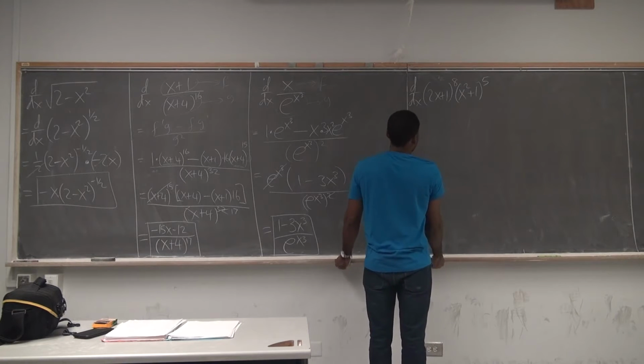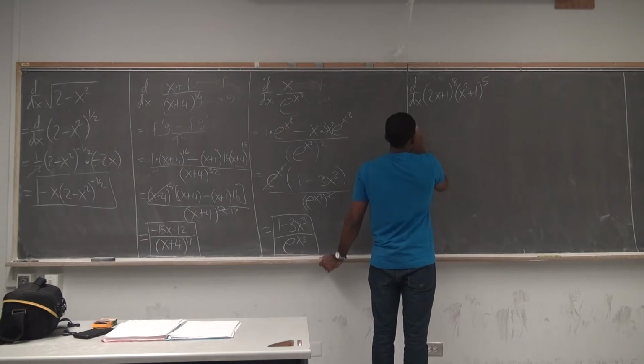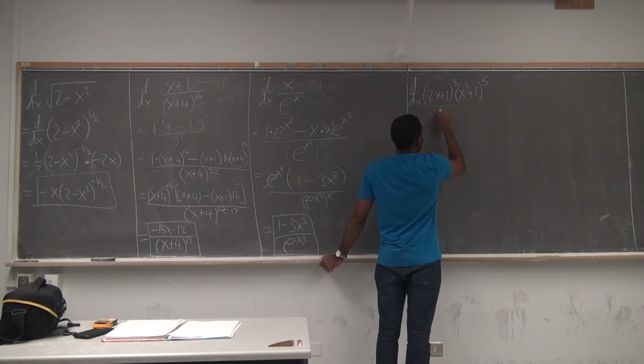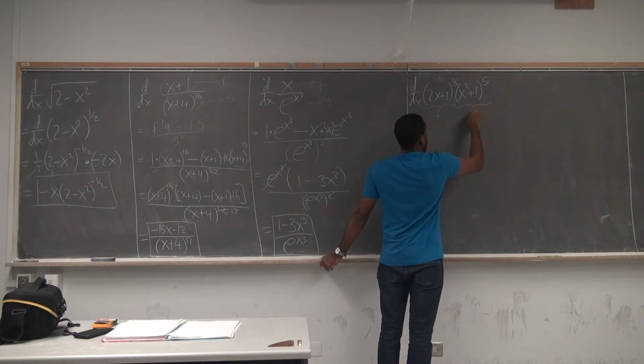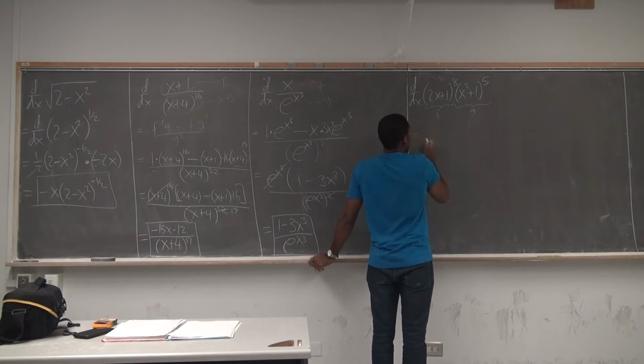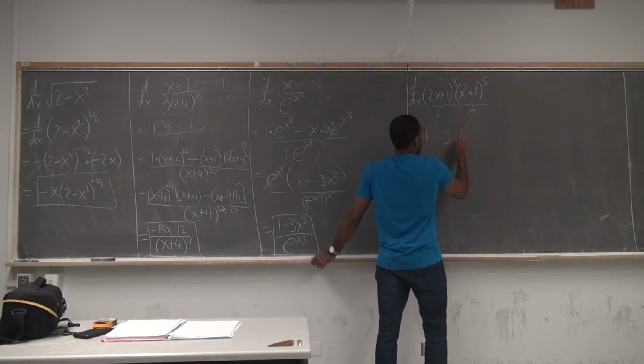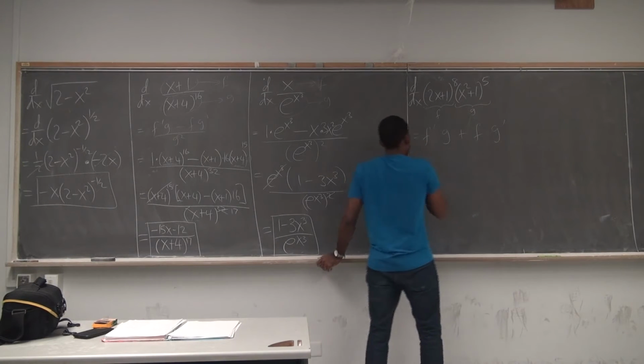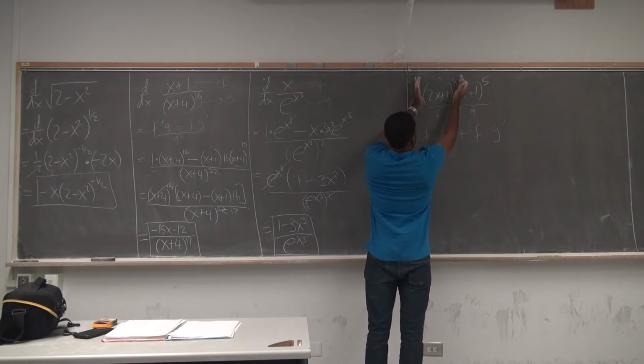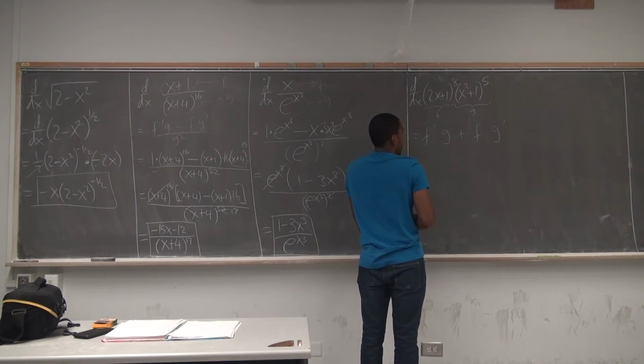What rule? Product rule, right? I have two functions. That's my f, that's my g. I have two things multiplying each other. So the derivative is going to be f prime times g plus f times g prime. F prime, how do I find the derivative of that? Chain rule. Okay, what happens?